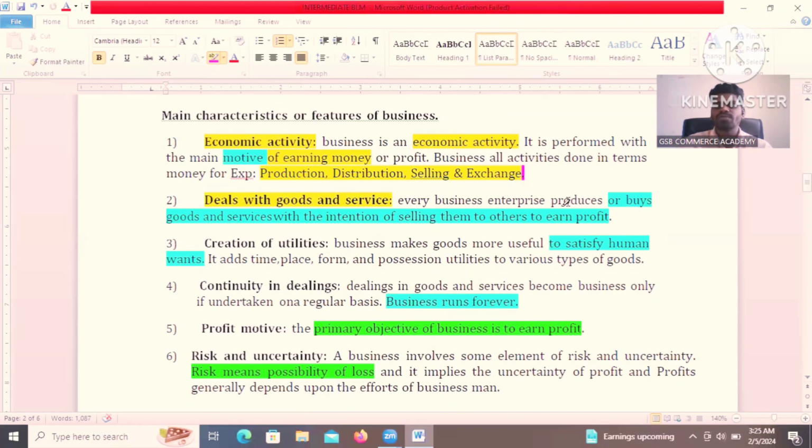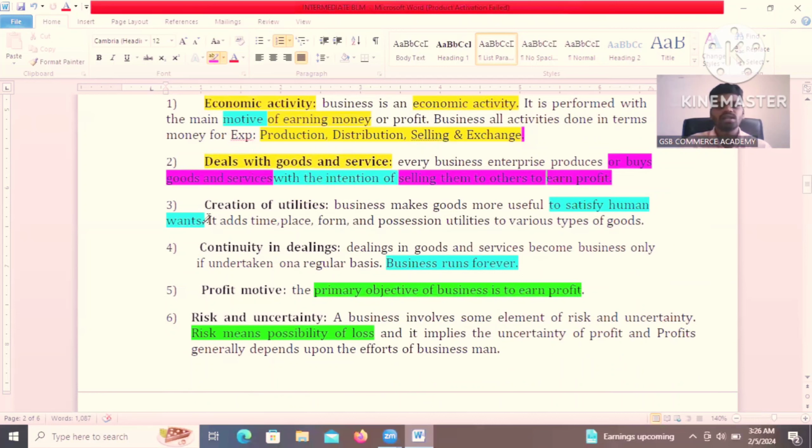After the production or buying of goods and services, the intention is selling the goods to other persons for earning more profits. So business deals with goods and services, and it provides the best quality goods and services to human beings, with minimization of cost and maximization of profits.